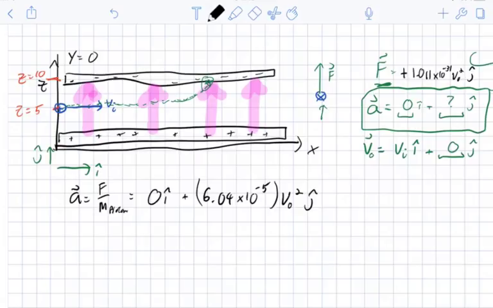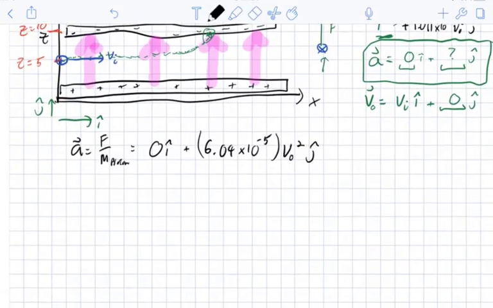So that's its full acceleration. We don't know its initial velocity. So we know that it has the same initial velocity as the electron in the j hat terms.